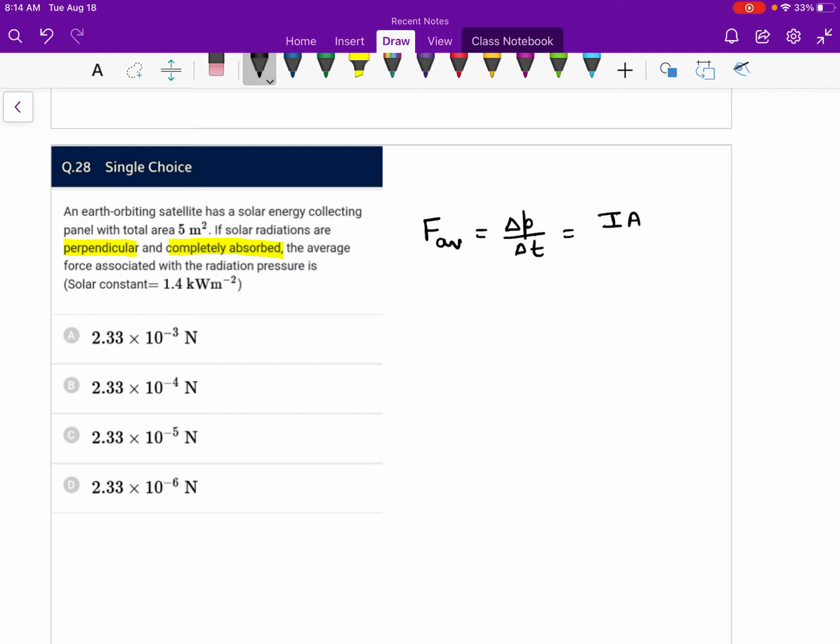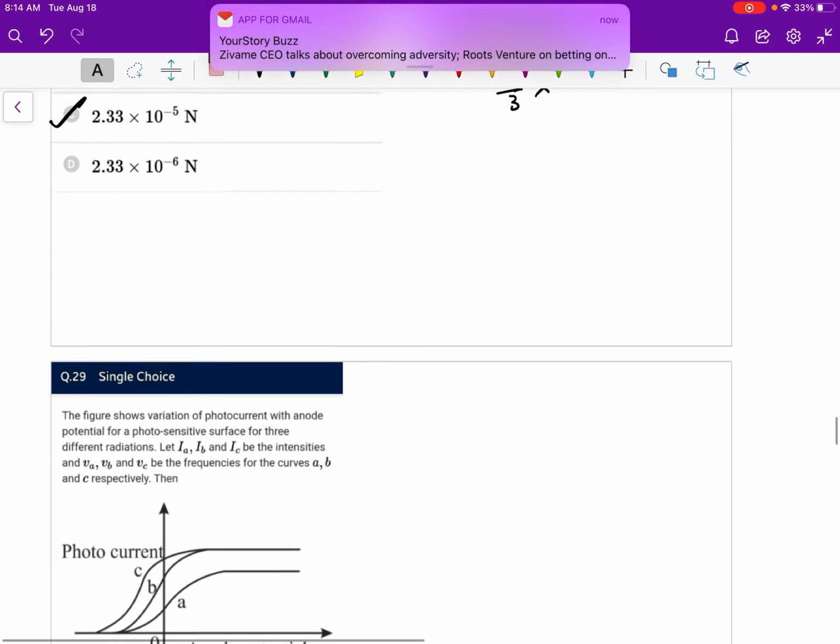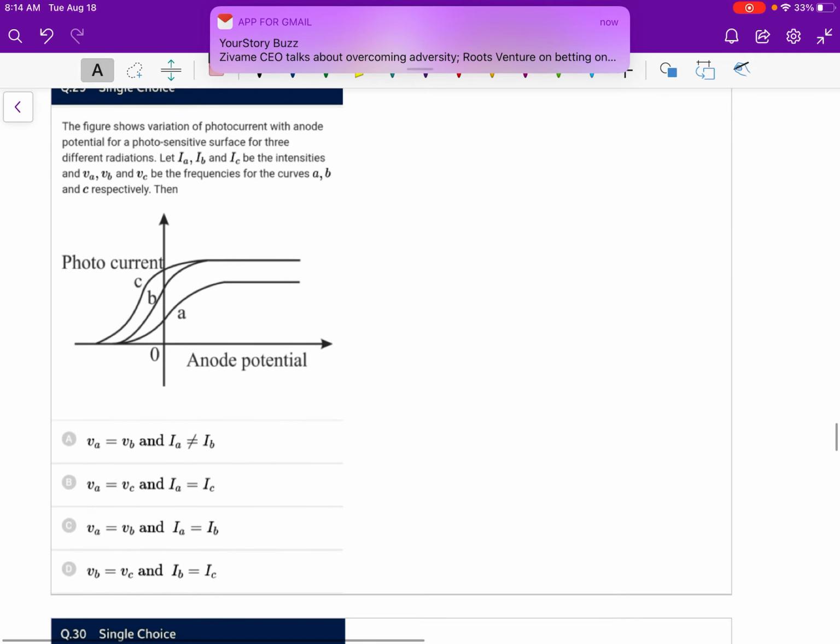I is 1.4 kilowatt, 10 to power 3, area 5, upon C, 3 into 10 to power 8. So this is 7 by 3 into 10 to power minus 5 Newton, so 2.33 into 10 to power minus 5 Newton. So C is the correct option.